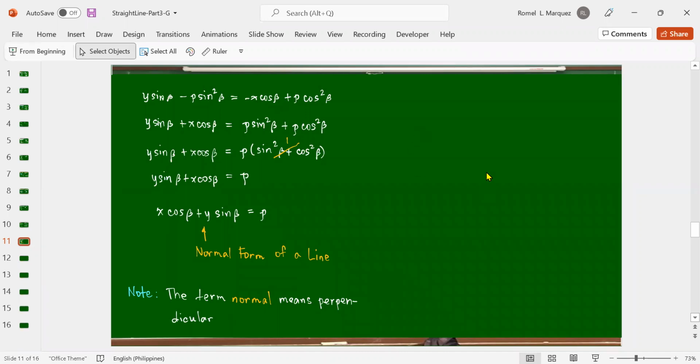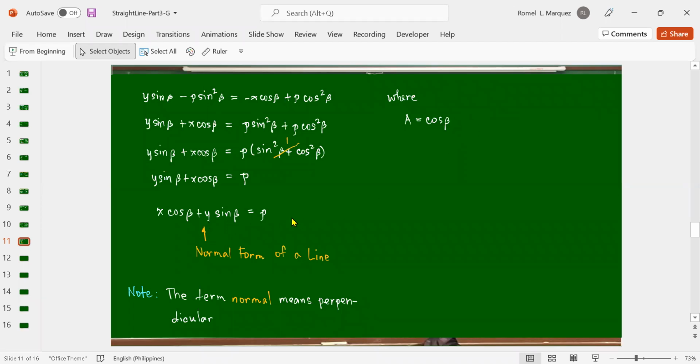Now, by the way, the restriction for beta here is that it is between 0 and 180 degrees, including 0. So in this form, our A is cosine beta.